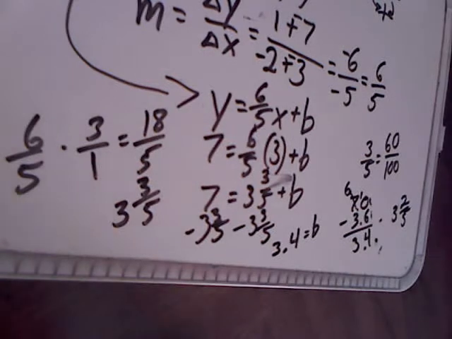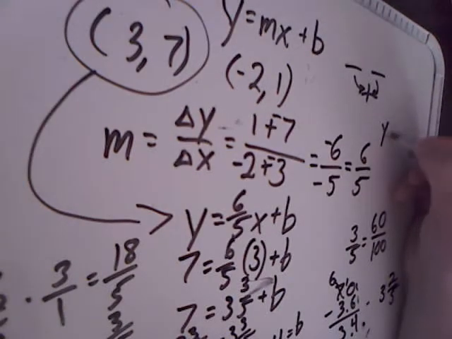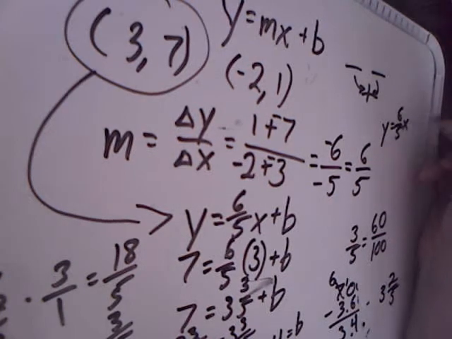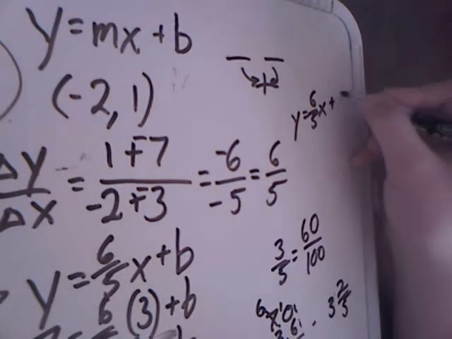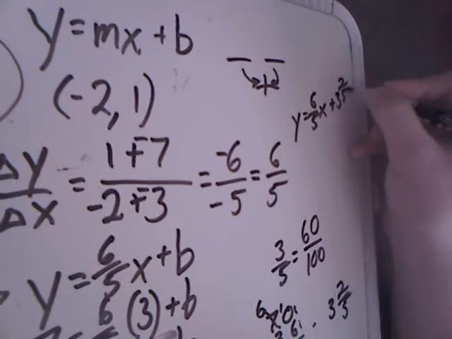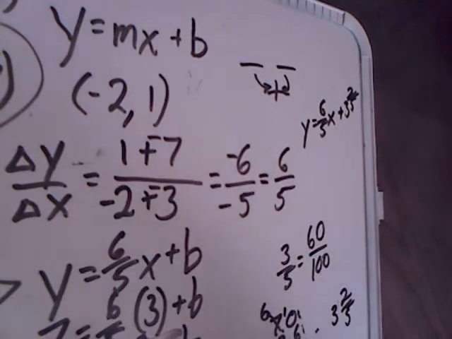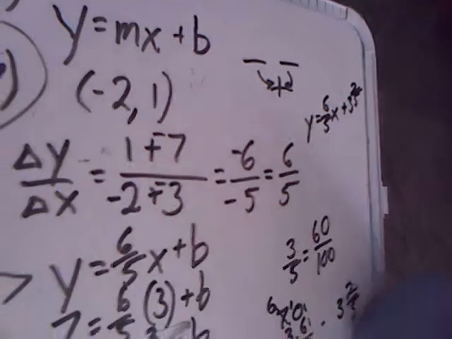So what this means is that our equation is going to say y equals 6 over 5 x plus 3.4, or 3 2/5. That looks a little bit scary, but let's break that down and see exactly what that means.